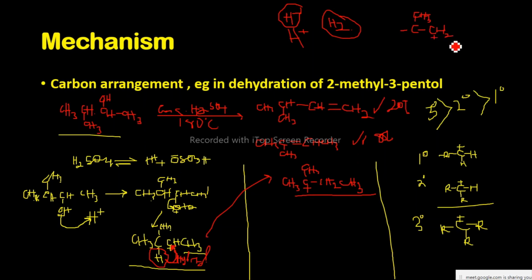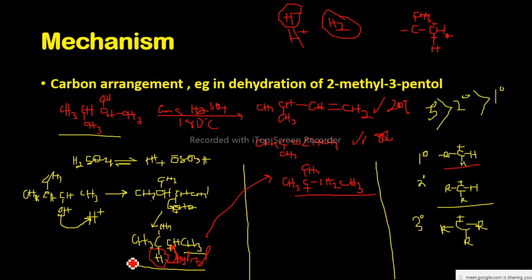Let me put this hydrogen here, and let me put the plus here. Now this is a primary carbocation, and the primary is unstable compared to the secondary, but there is a possibility of forming a secondary carbocation.